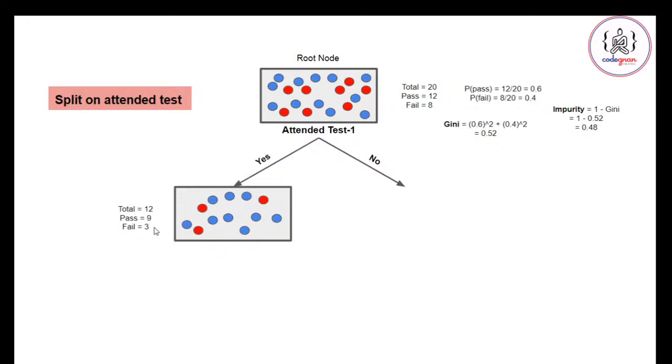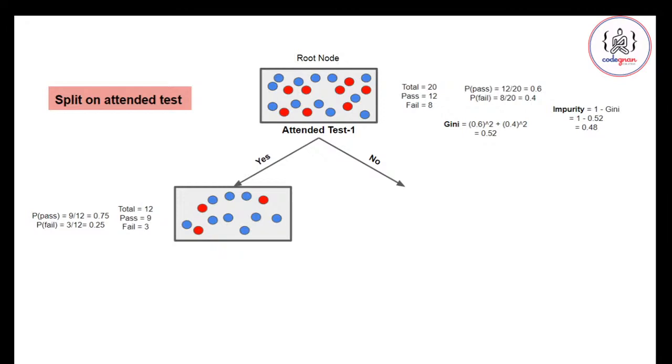Again you have to calculate the Gini at this subnode. We calculate the probability of pass and probability of fail here. It comes out to be 9 by 12, which equals 0.75, and probability of fail equals 3 by 12, which is 0.25.